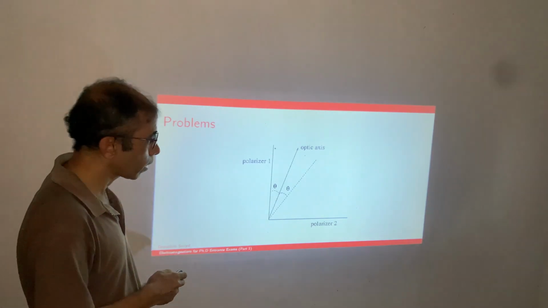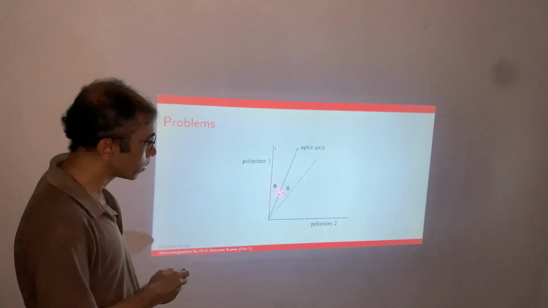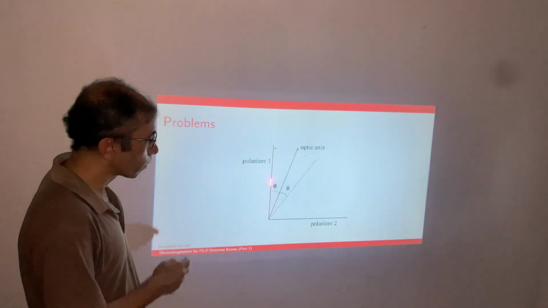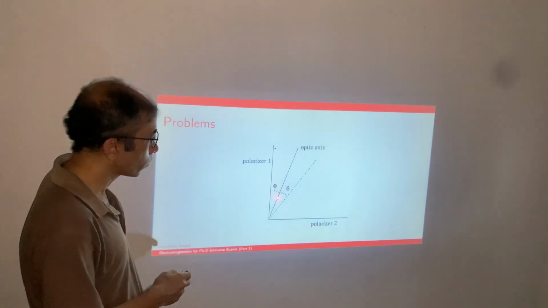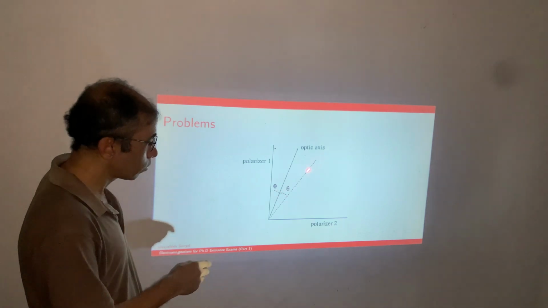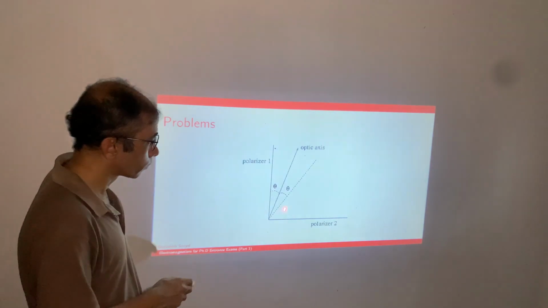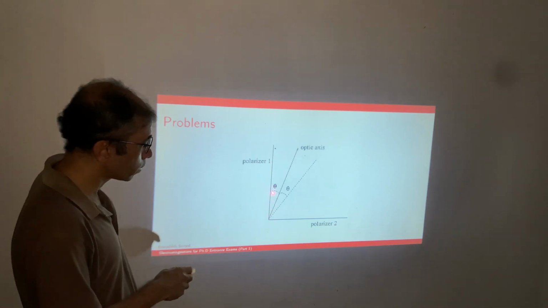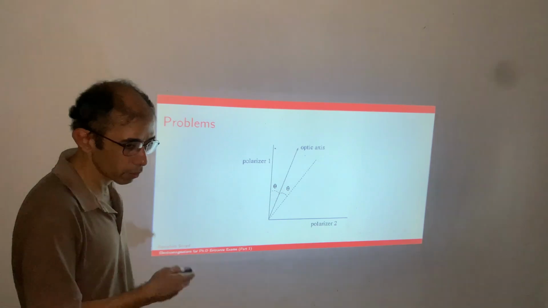As a result, if theta was the angle between the optic axis and the direction of polarization, the new direction of polarization will rotate by twice theta. The new direction makes an angle theta with the optic axis, but with the previous polarizer it is now making an angle 2 theta.